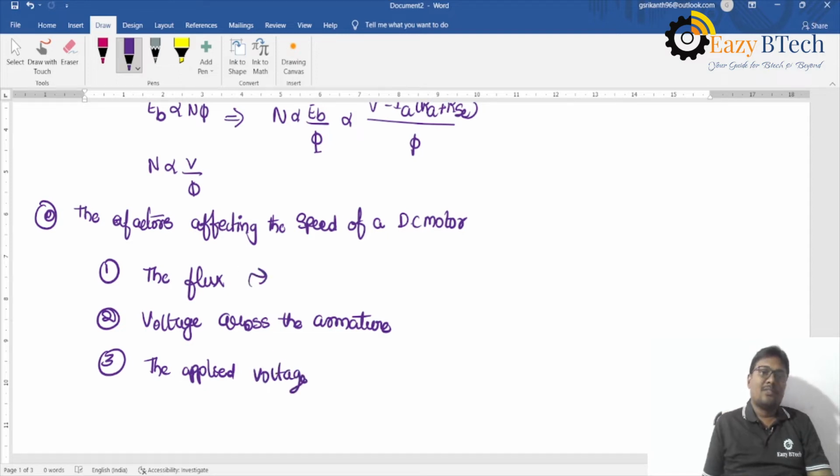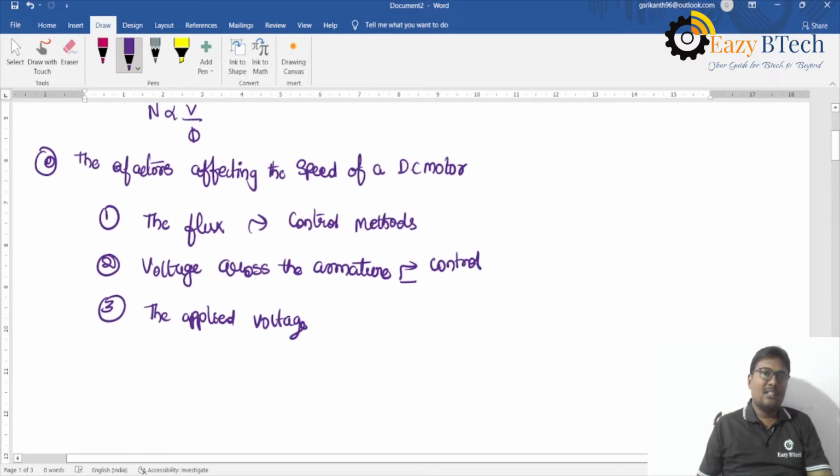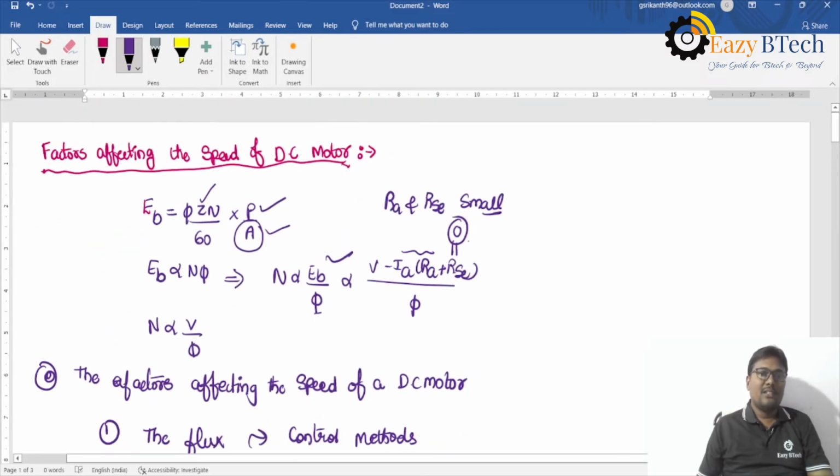So we can go for the flux control method, and the voltage across the armature also we have to control. By varying these, we control the speed of the DC motor.